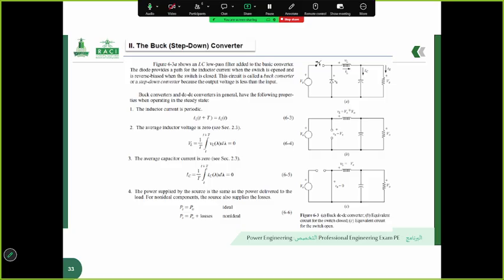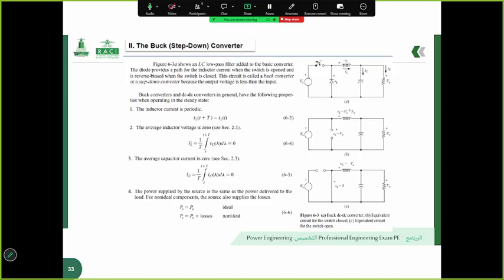Inductor L smooths the current and stores or releases energy. Capacitor C filters the voltage ripple, providing nearly constant DC output, and diode D provides a path for the inductor current when the switch is off. So it conducts only when the switch is open. We call it a freewheeling diode.